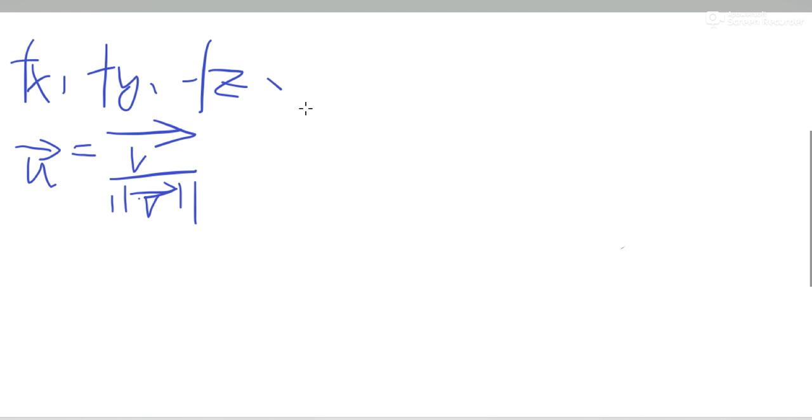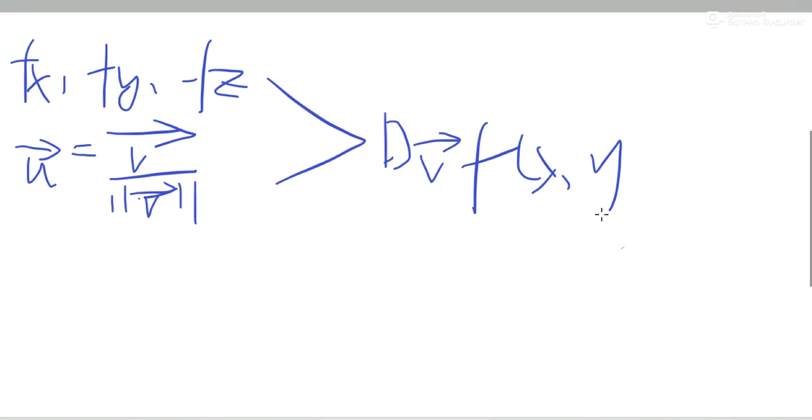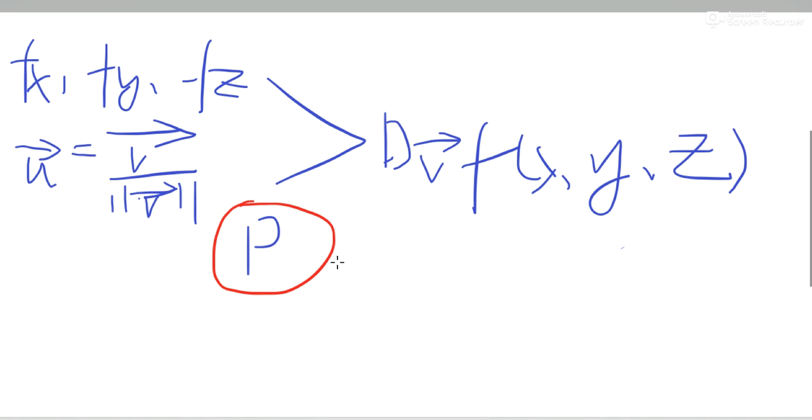Then we combine those two to get the directional derivative function. Then, because we have the point the question gives us, we plug the point into the function and we get the answer.